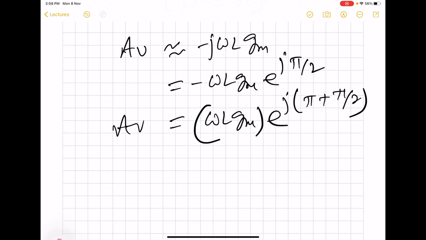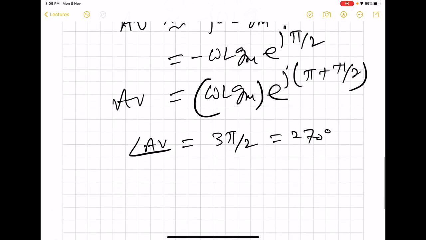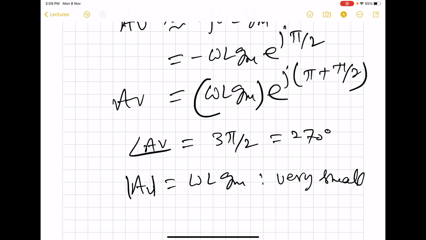So here we see that the phase of the voltage gain is equal to 3 pi by 2, equal to 270 degrees. And the magnitude is omega L gm. So this is going to be very small because omega is very small.